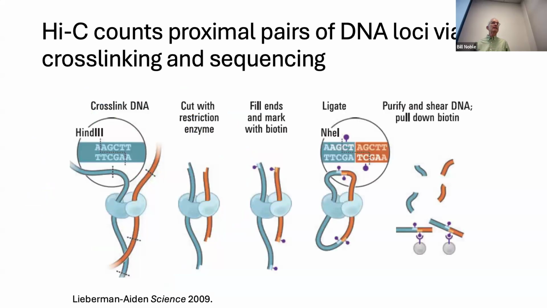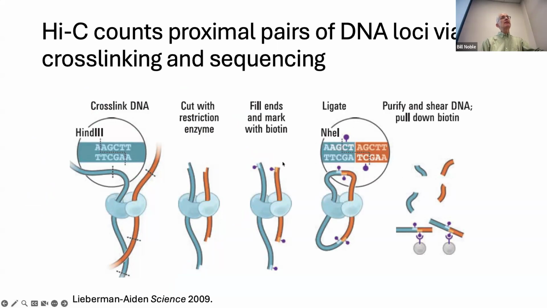One of the main techniques that people use to study genome 3D architecture is called Hi-C. It was first described in this Science paper from 2009. The basic idea is that you take cells and cross-link them, typically using formaldehyde, and then you introduce cuts, sometimes with restriction enzymes. There are other variants of the assay that use other kinds of cutting.